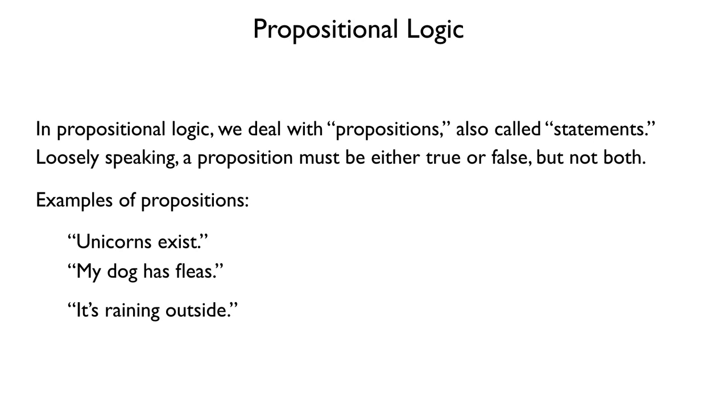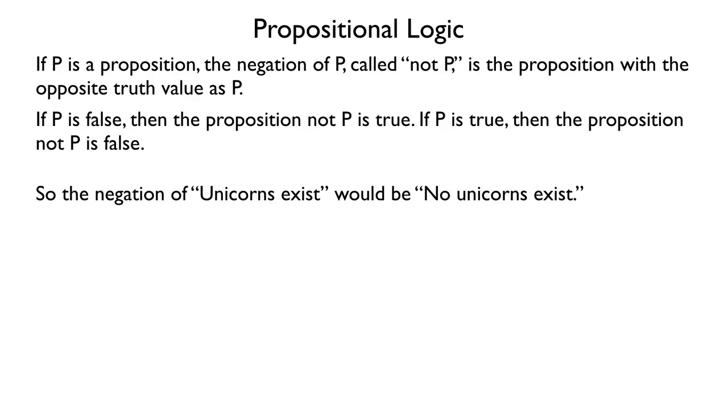In propositional logic, we deal with propositions, which are also called statements. Loosely speaking, a proposition is an assertion that must be either true or false, but cannot be both. Examples of propositions include: unicorns exist, my dog has fleas, it's raining outside.